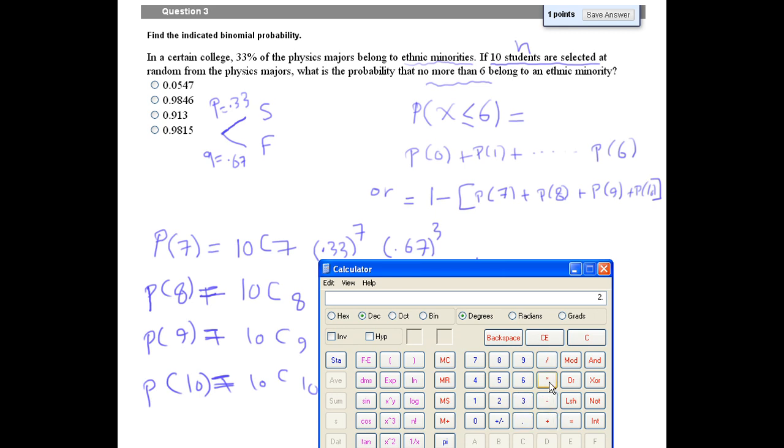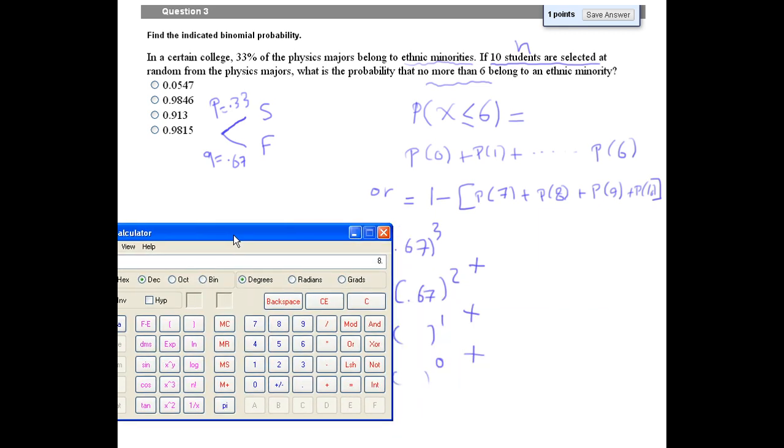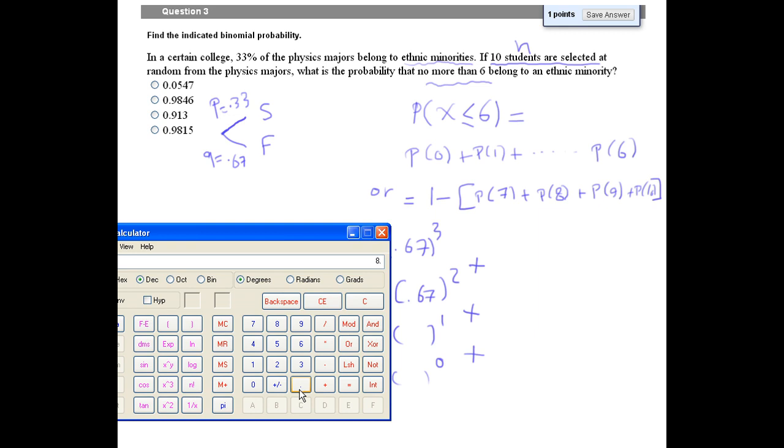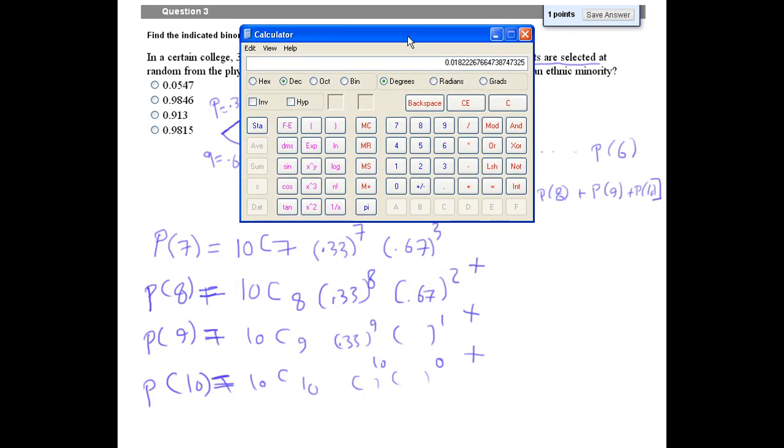Now we can multiply the result by 0.33 to the power of 8, and also 0.67 to the power of 2, and then we add, and so on. We continue with the rest of the problem.